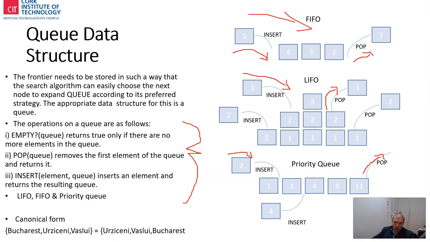Similarly, if we insert a node with priority 4, it will get inserted after the node with priority 4 and before the nodes with priority 8. And if we pop it, we will pop the node with the highest priority.